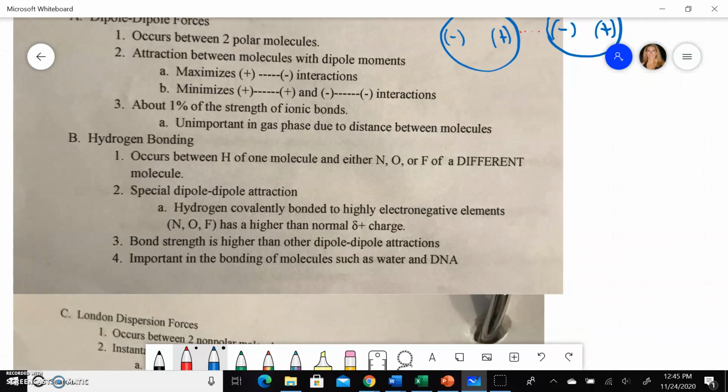So this occurs when you have hydrogen of one molecule, so let's just focus on water. Again, inter means between, so we're not talking about these bonds that are holding the water together, we're talking about the attraction between the water particles and the water molecules.